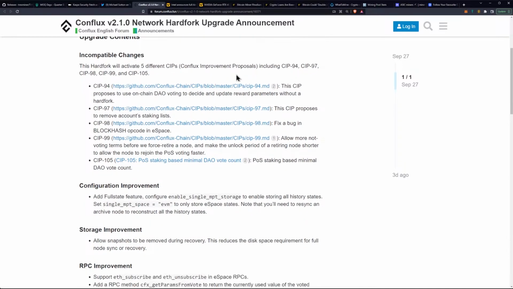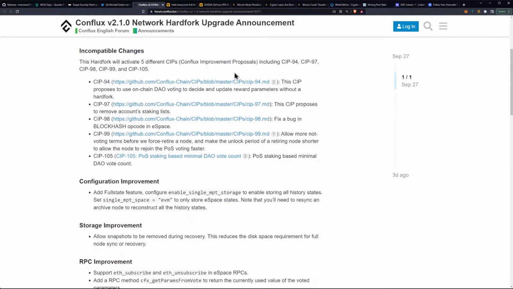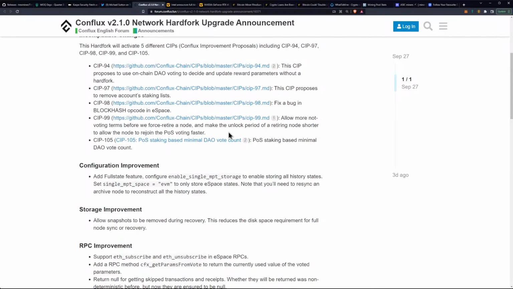And CIP 98 fixes a bug in the block hash opcode in eSpace. CIP 99 allows more not voting terms before we force retire a node, and makes the unlock period of a retiring node shorter to allow the node to rejoin the POS of voting faster. And then CIP 105 is POS staking based minimal DAO vote count.